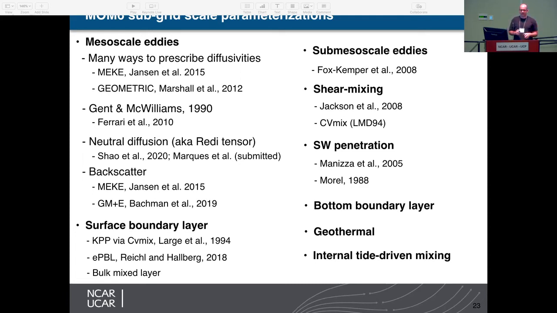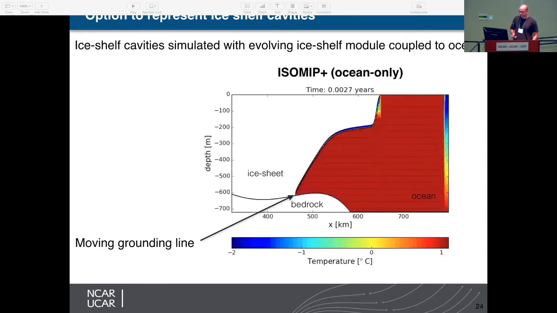Compared to POP, the options of parametrizations here are many more, and it keeps increasing because of this concept of open development. We benefit not just from what we contribute, but also from what other centers and researchers contribute.